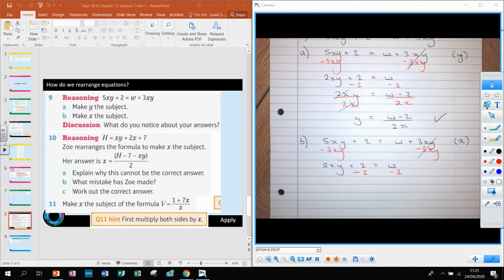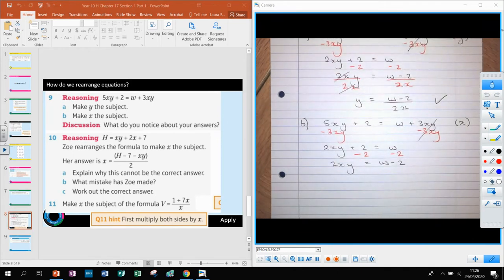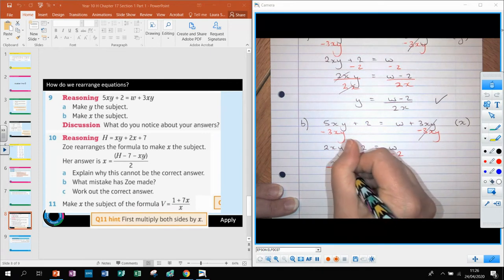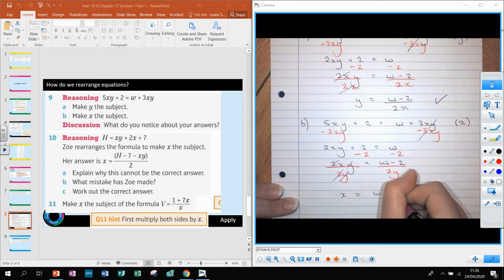Subtract 2, so we get 2xy equals w minus 2. So really the only difference we see is here now, where we have to divide, because we want the x, by 2y instead of by 2x. Okay? Leaving us, that cancels, with x is equal to w minus 2 over 2y.